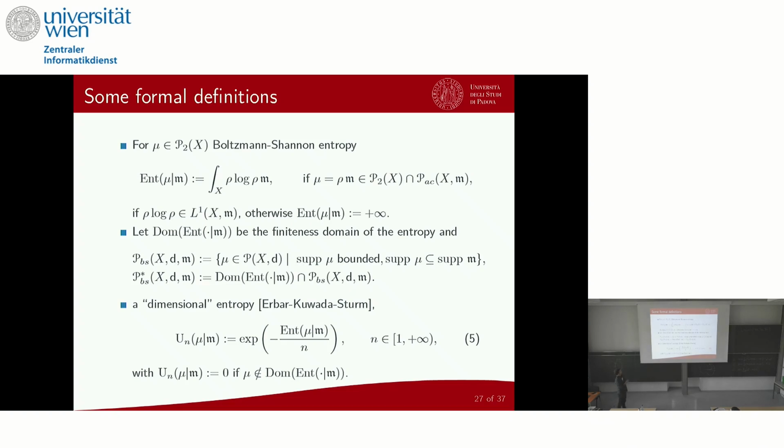So here I also set this notation. These are probability measures with bounded support, and these are probability measures with bounded support in the domain of the entropy, where this rho is the density of our measure mu with respect to the reference measure, which is the Gothic M.